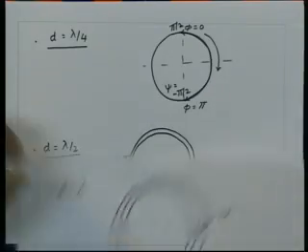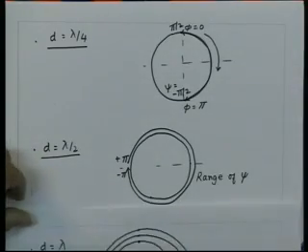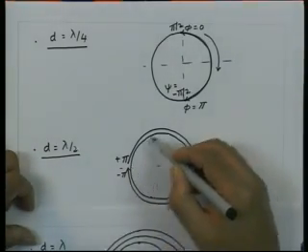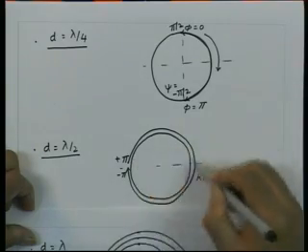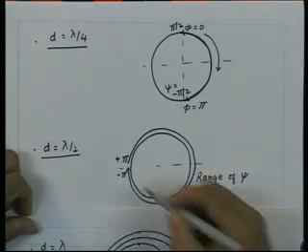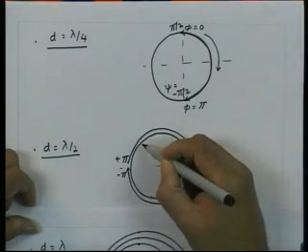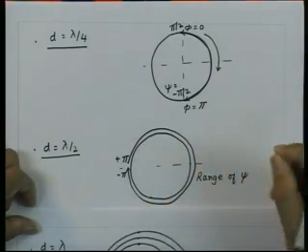So the optimum inter-element spacing is d equal to lambda by 2, because in this case you cover the entire range of psi, which is from 0 to 2 pi or minus pi to plus pi, and at the same time you still have independent control of every point on radiation pattern.